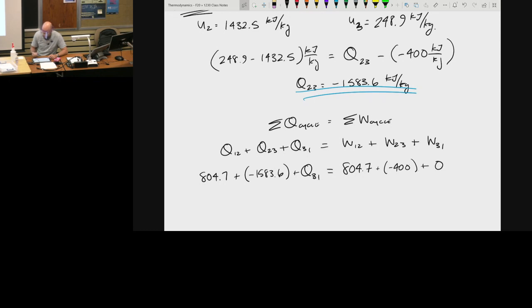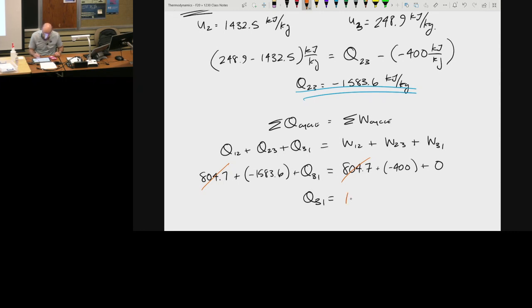And then we have 0 going on there. So the only unknown here is Q31, and we can find that. We can just cancel off the 804s, and we have negative 1583.6 plus 400.